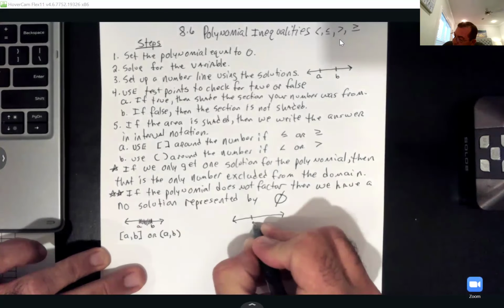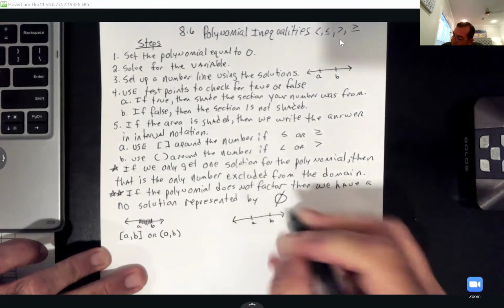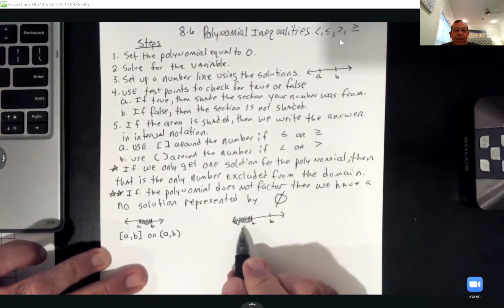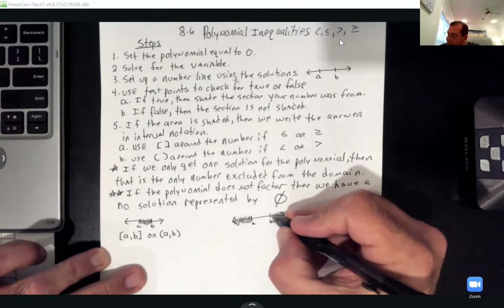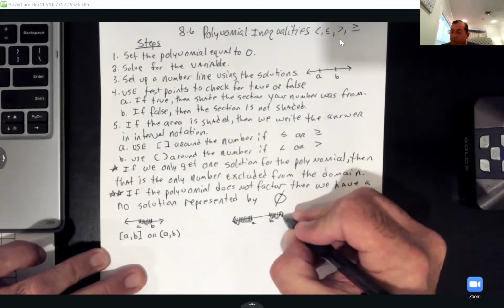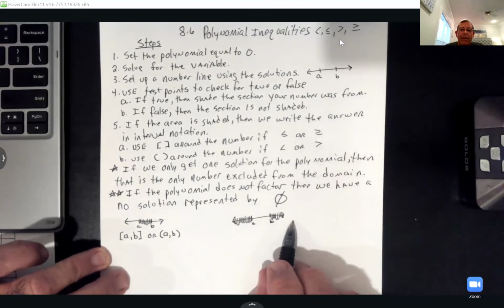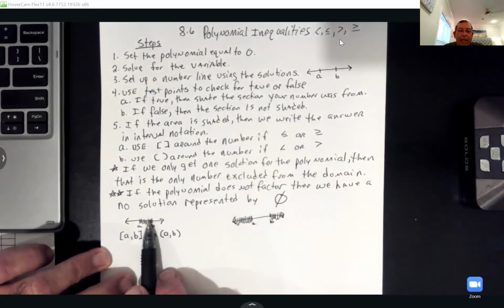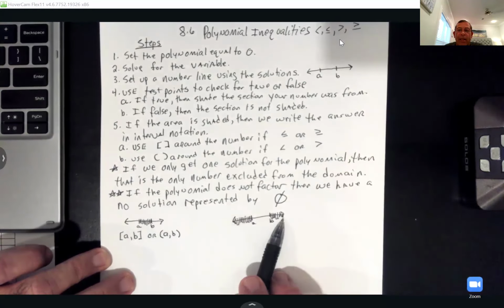The other possibility is if it shades on the ends. And y'all, if it shades on one end of the number line, it's going to shade on the other end of the number line, okay? And it won't shade in the middle. So it'll either shade in the middle or it'll shade on the ends.